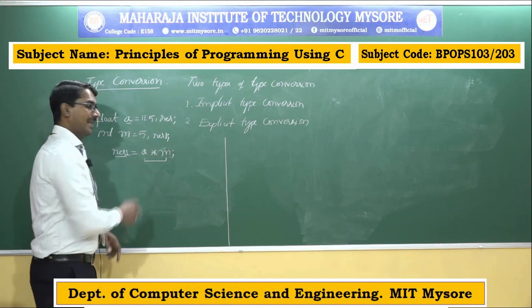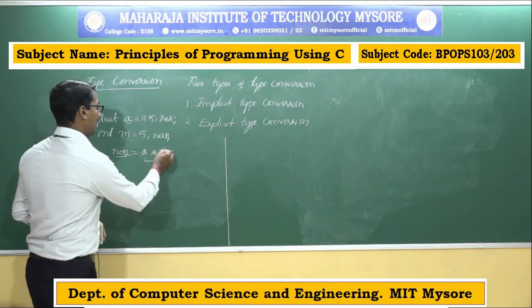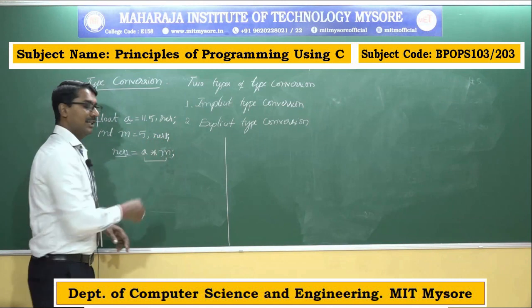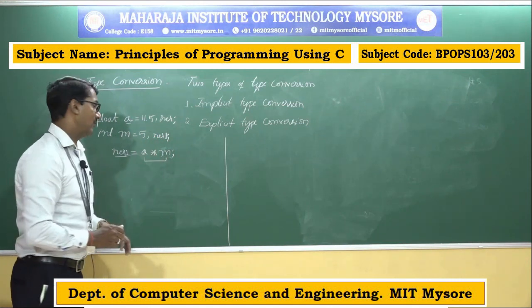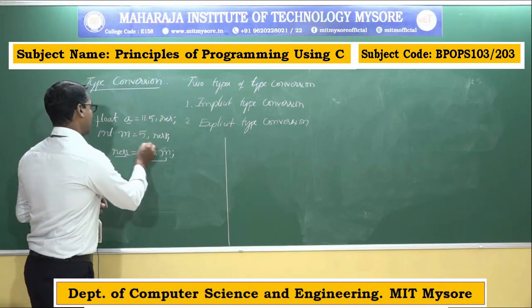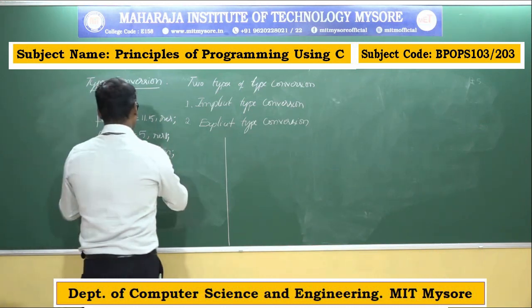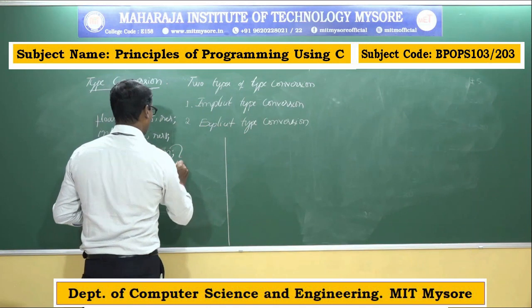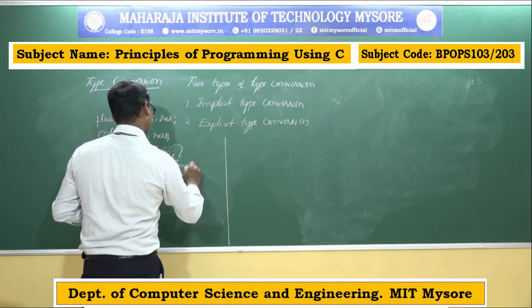The value of m will be automatically converted into a float value, so the result will be floating point. This is implicitly converted to float.